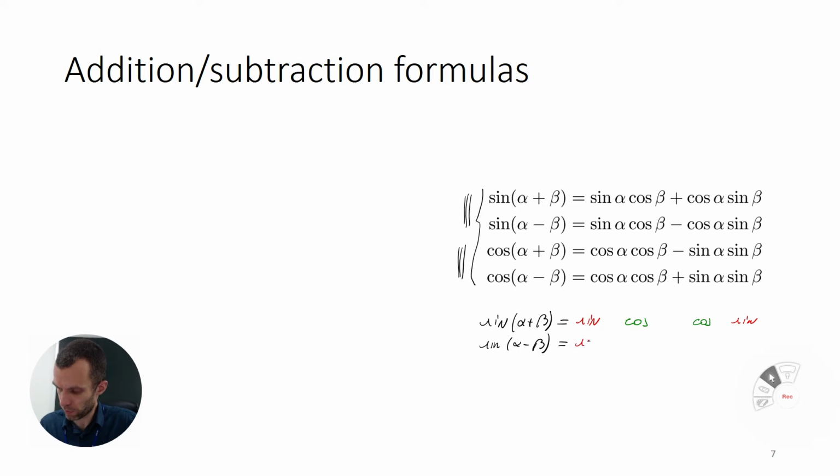So we have sine, cosine, cosine, sine, and then for cosine of alpha plus beta, actually let me fill in the rest of the formula first.